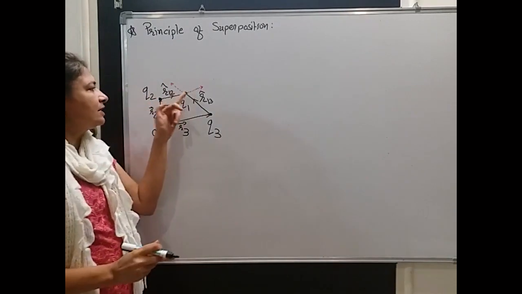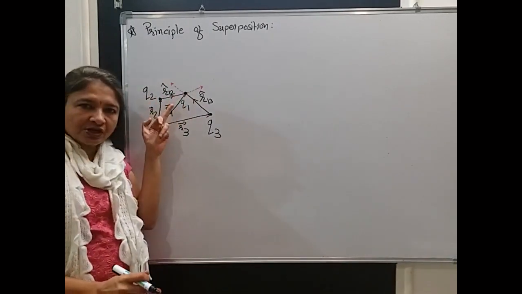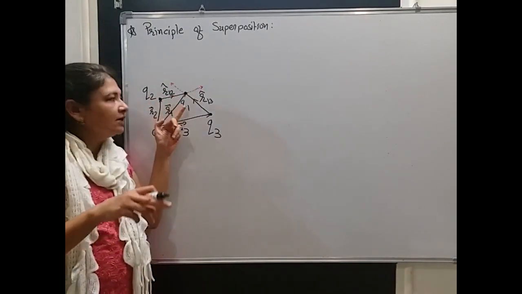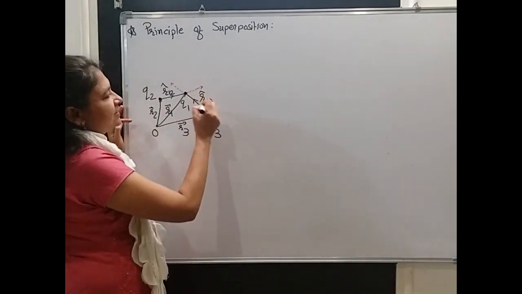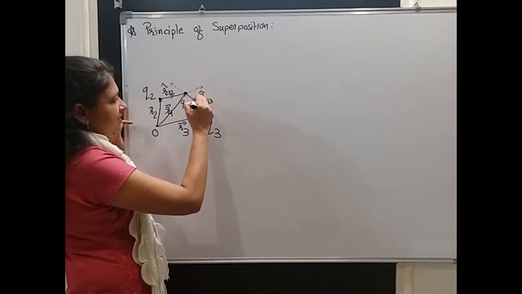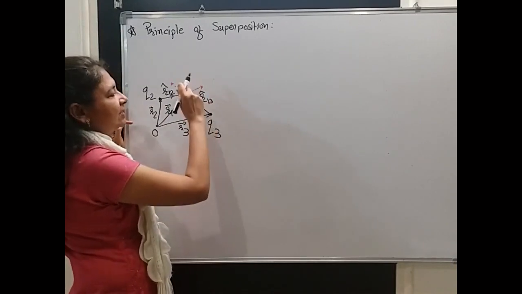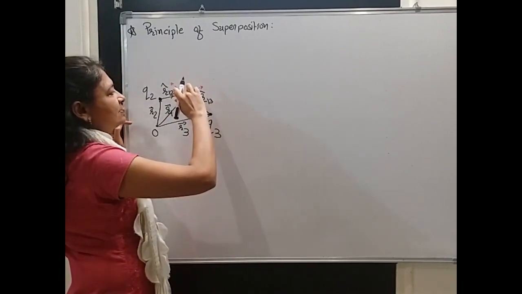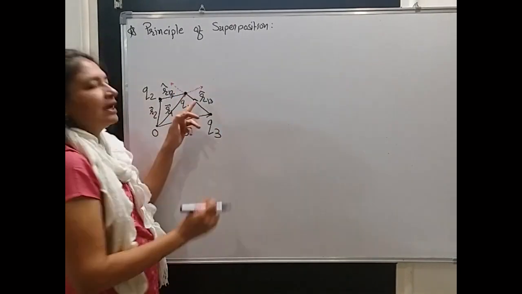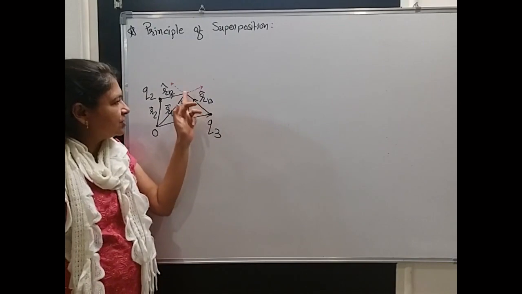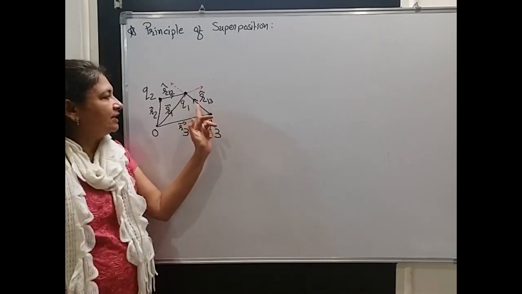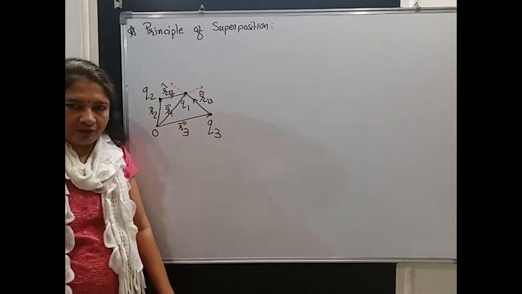You can understand this from your 11th standard, and if you have any query, you can ask me in the comment box. Similarly, this is the direction of vector r13, the distance between charge Q1 and Q3. I have mentioned it with the help of r13. So the direction of unit vector r13 is towards Q1.